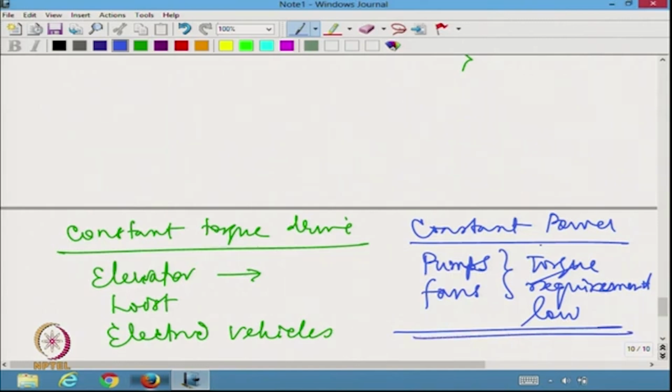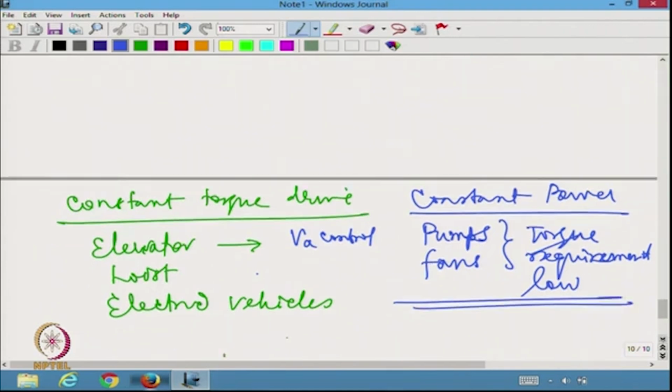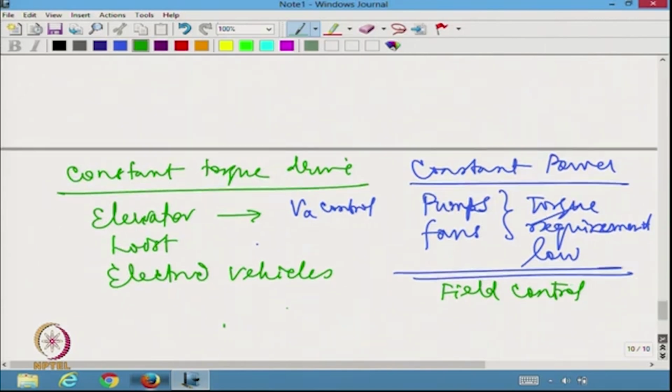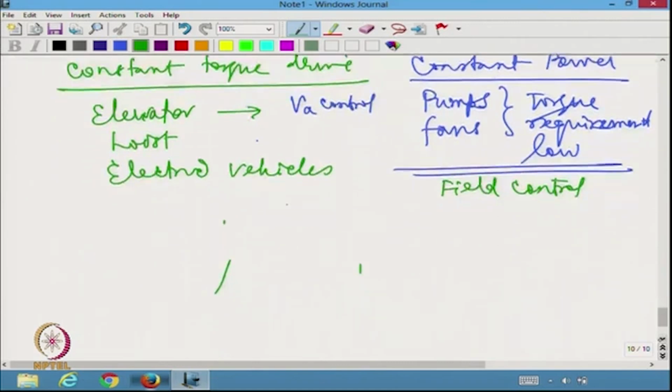So, here field control may be used, whereas here armature control will be used. So, VA control is used in this case, whereas I am going to have field control used in this case, right. So, these are the major two things as far as the armature control and field control are concerned.